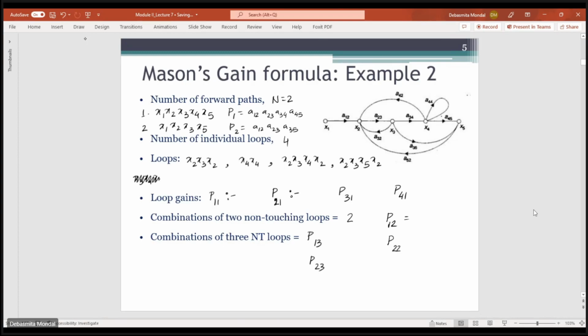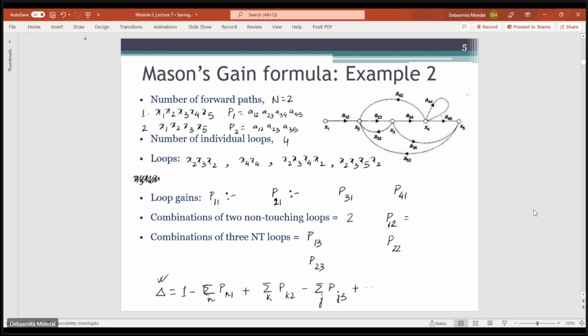So once you have found all these values of P1, P2, P11, P12, P13 and so on, you will find the value of delta, which is given by 1 minus the summation of P, suppose N1, plus the summation of P of K2, minus the summation over J of P of J3, and so on, depending on how many non-touching loops there are.